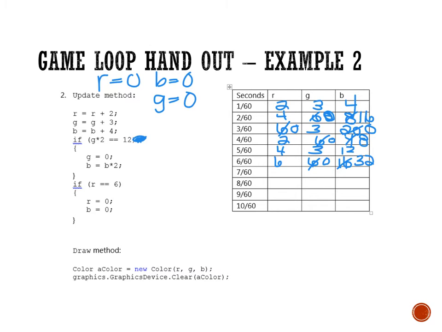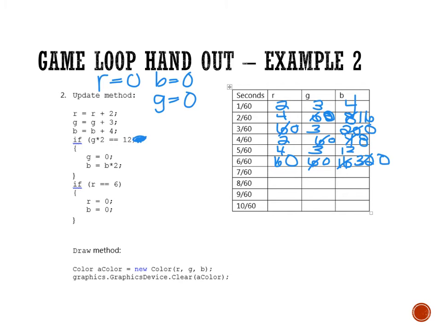But then I can also see that that second conditional is true. So R is equal to 6, so R gets rewritten to 0. We've got a really unique case here where B is rewritten again to be 0. So at the end of 6/60th of a second, because of all the changes that have taken place, we actually have 0 for red intensity, 0 for green intensity, and 0 for blue intensity. So we're kind of back to where we started at the very, very beginning.